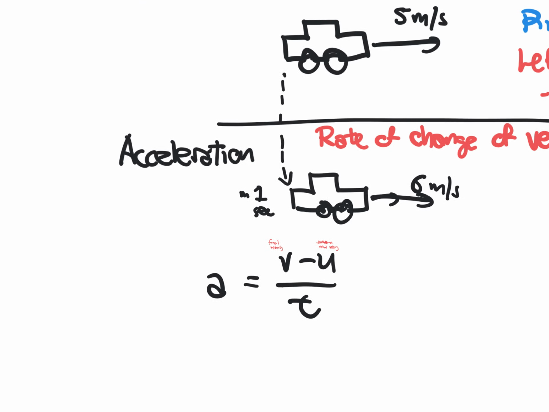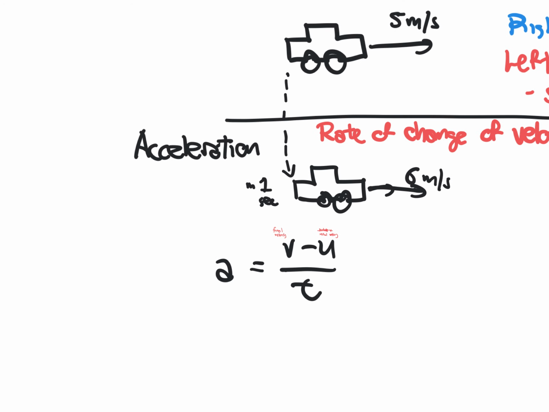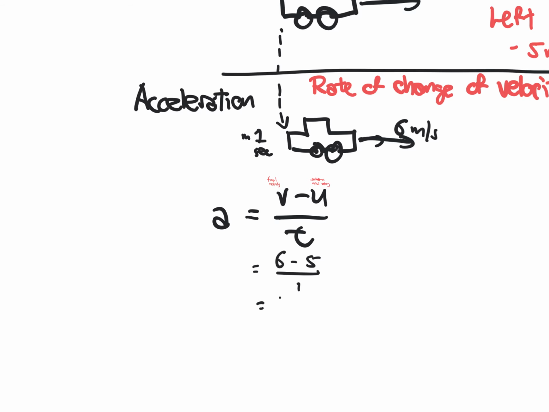So if we looked at our question over here, at first it was 5, the last velocity was 6. So it would be 6 meters per second minus 5 meters per second, and it took 1 second, isn't it? So I will say that this would be 1 meter per second squared.